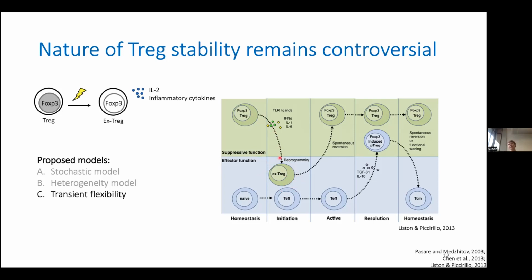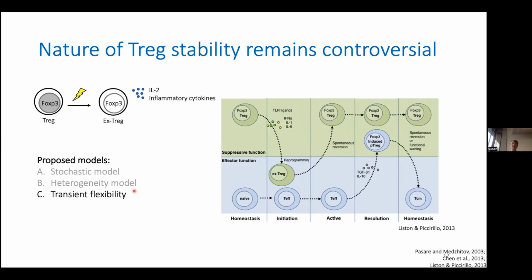So they become pro-inflammatory X-Treg to support the mounting of the immune response, while later, towards the resolution phase, these X-Treg would spontaneously revert back to Treg and allow the control and the resolution of the response.